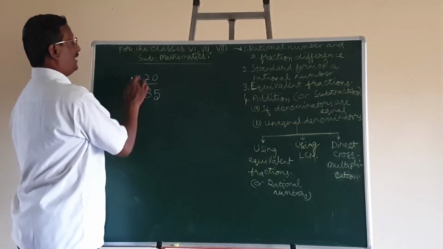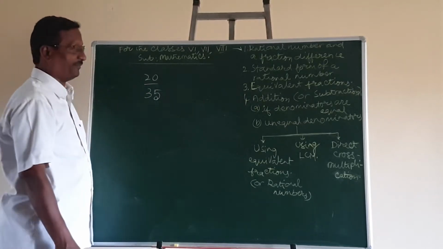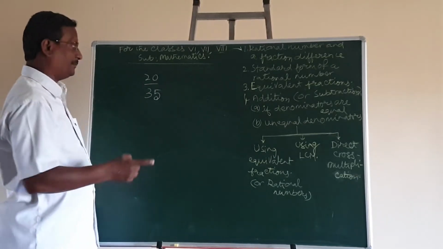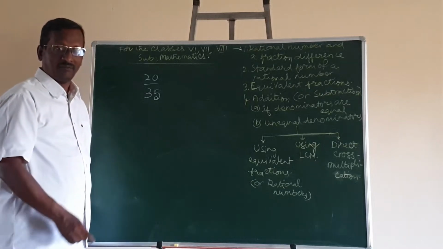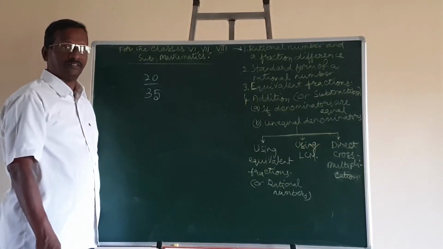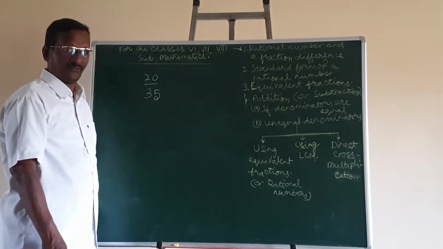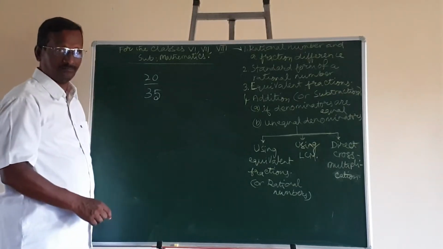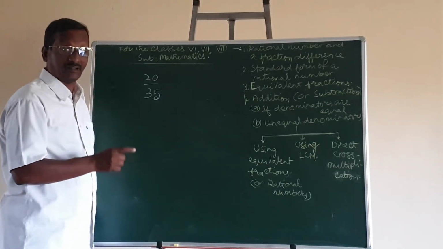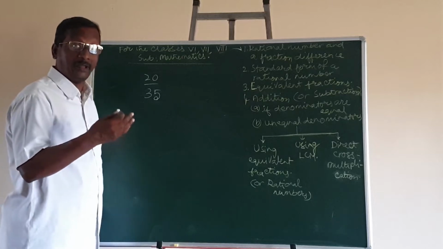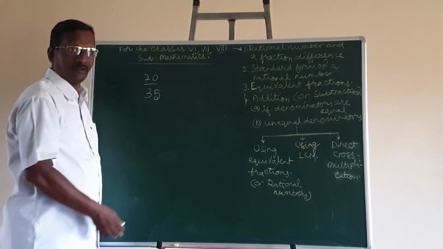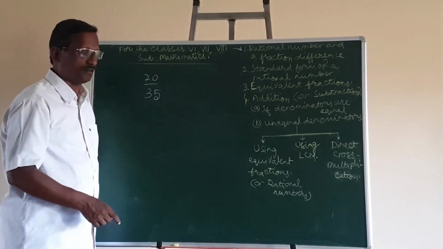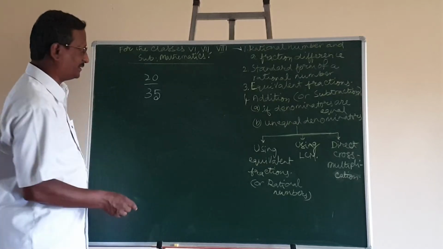Here, there is a common factor between 20 and 35. Sometimes if the numbers are small, we can just see and tell whether there is a common factor or not. Suppose the number is a bigger one, where we may not be able to find by seeing whether there is a common factor or not, that time we do like this.